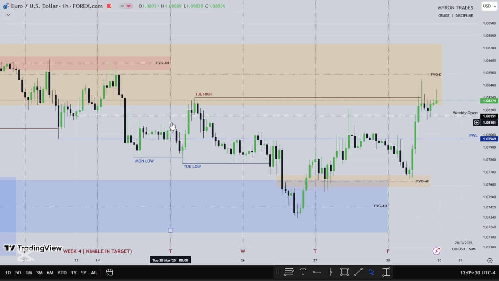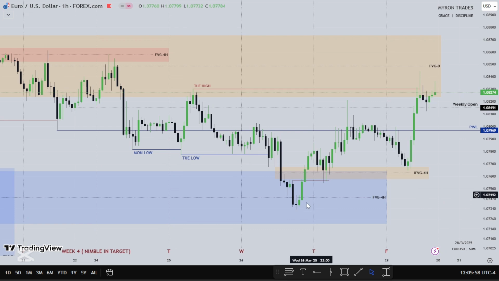Then Tuesday opened up, takes out Monday's low, tried to go higher, but found resistance at the low end of the daily fair value gap, right? Traded lower. Wednesday opens up, found resistance at the previous week's low price. You can see how price came into it, consolidated, and dropped lower.